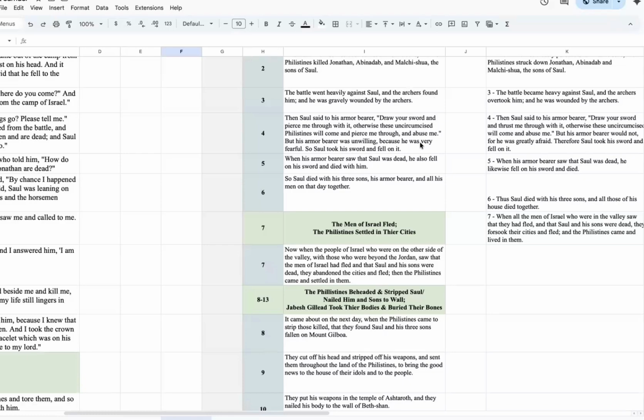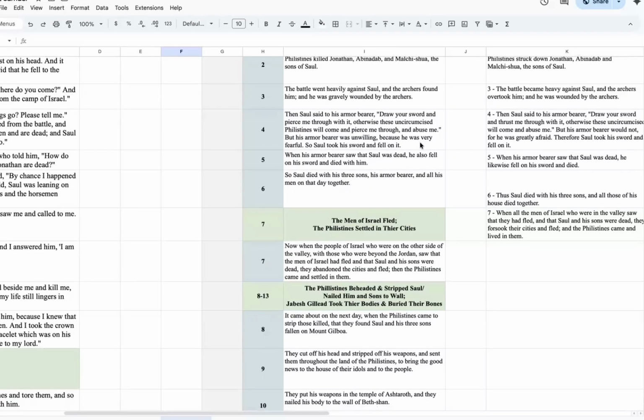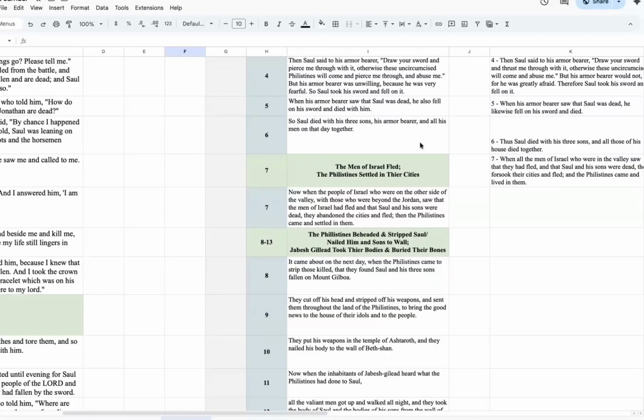Then Saul said to his armor-bearer, 'Draw your sword and pierce me through with it. Otherwise these uncircumcised Philistines will come and pierce me through and abuse me.' But his armor bearer was unwilling because he was very fearful. So Saul took his sword and fell on it. When his armor bearer saw that Saul was dead, he also fell on his sword and died with him. So Saul died with his 3 sons, his armor bearer, and all those men on that day together."